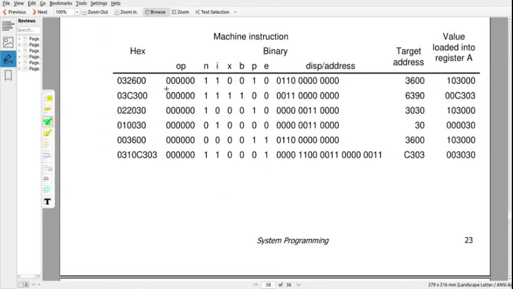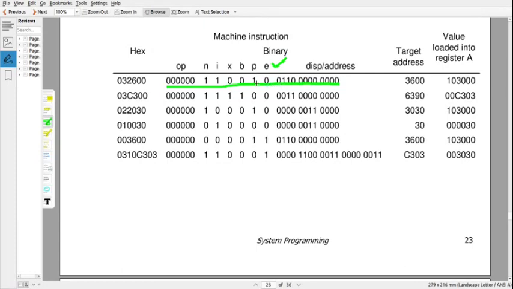Okay, so look at the first instruction. Here you can see that E is equal to 0. So if E is equal to 0, then it's a format 3 instruction. Then you can see the 12-bit displacement, then the 6-bit opcode, and the 6-bit flag fields.